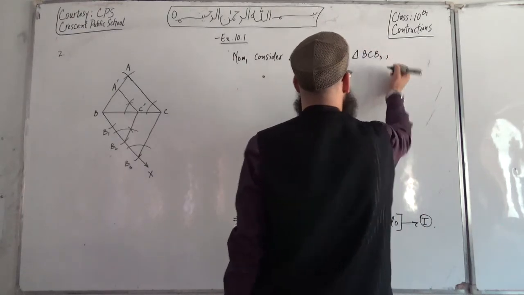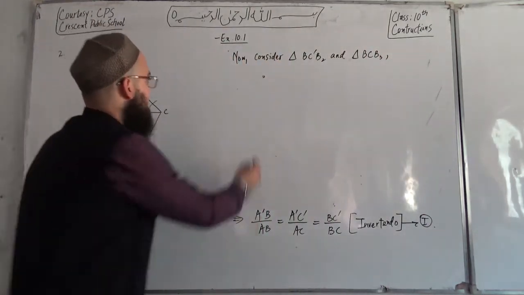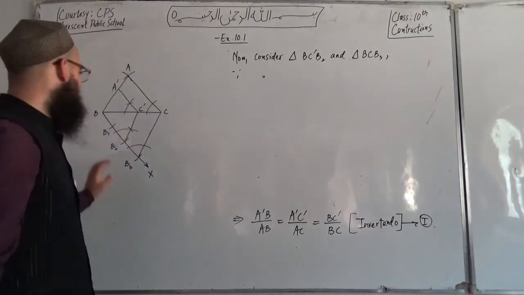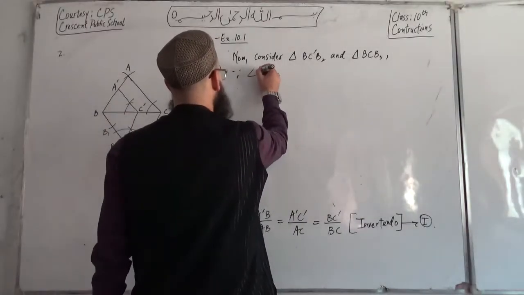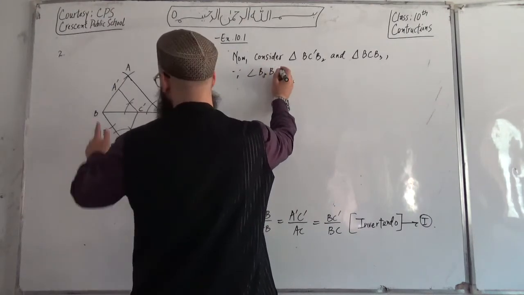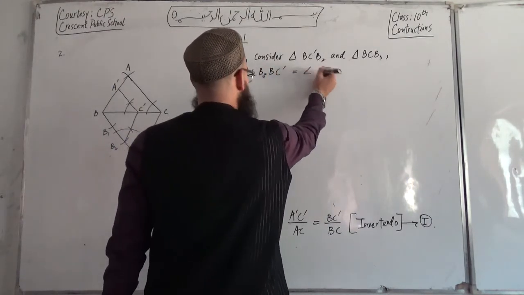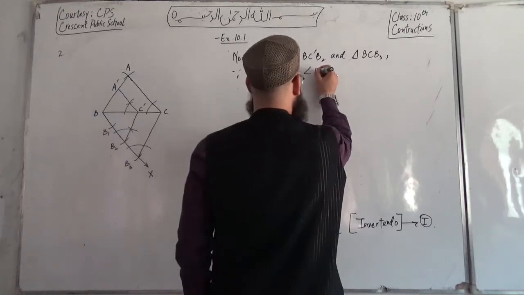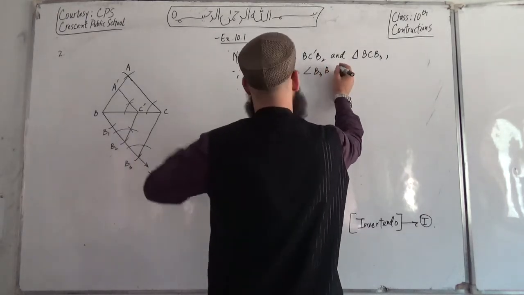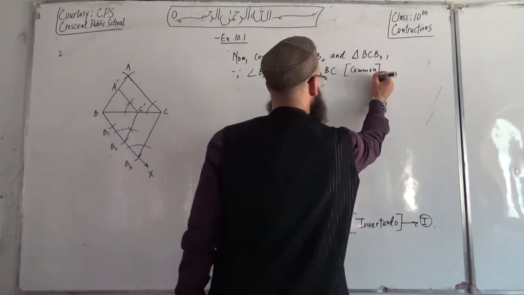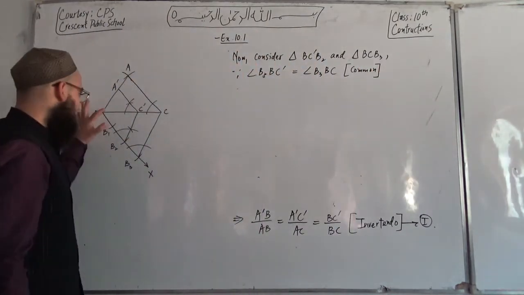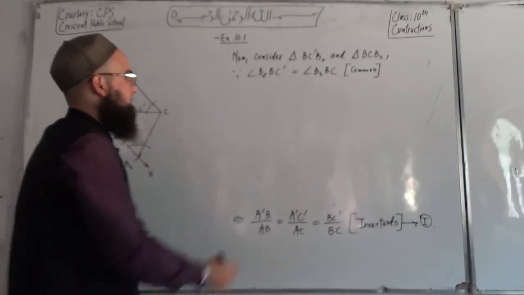You got the two triangles? Since what you observe in these two triangles, since angle B2BC dash is equal to angle B3BC, this angle is a common angle in both the triangles.